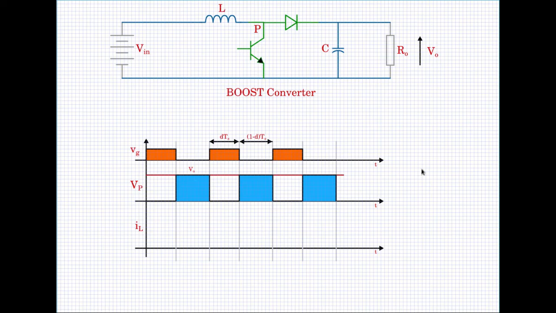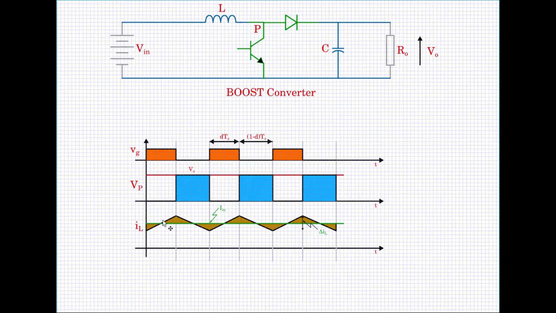Now for the inductor current. The inductor current will also have a triangular ripple kind of wave shape as we discussed in the buck converter, but the values, the amplitude and the significance will be different. Let us say we have an inductor current waveform something like this.